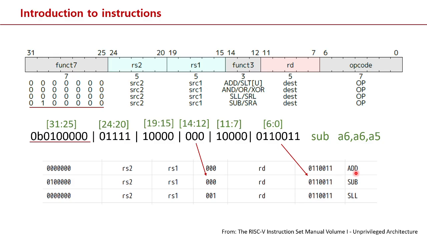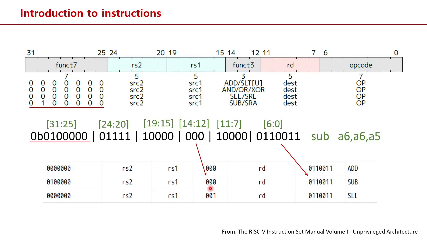The SLR instruction has the same opcode. The next thing we have to check is the function 3 bit field, which is available inside the 12 to 14 bit position. So please take a look at this. In this bit position, we can see the binary value is 0, 0, 0.